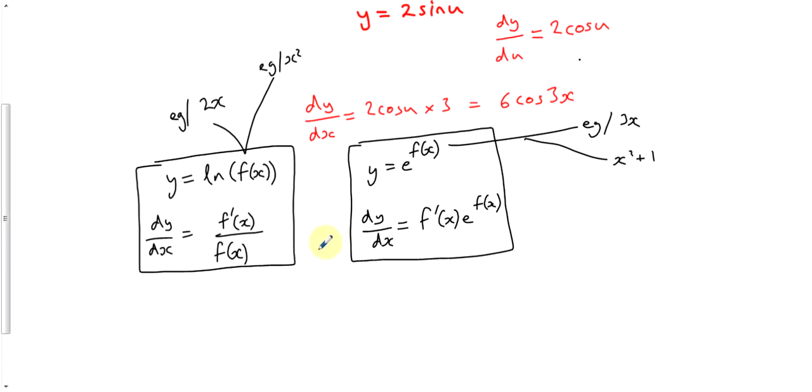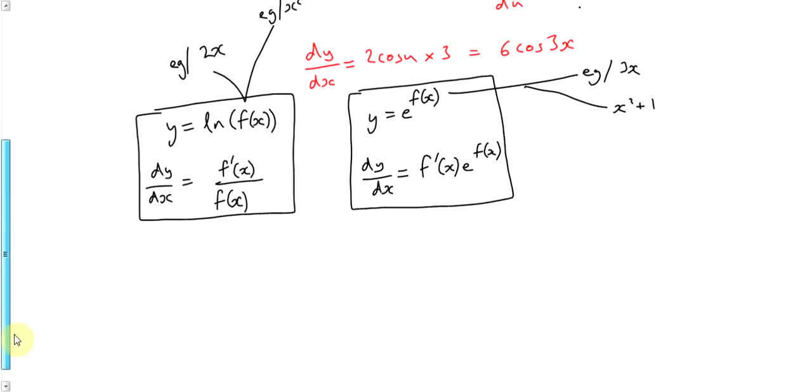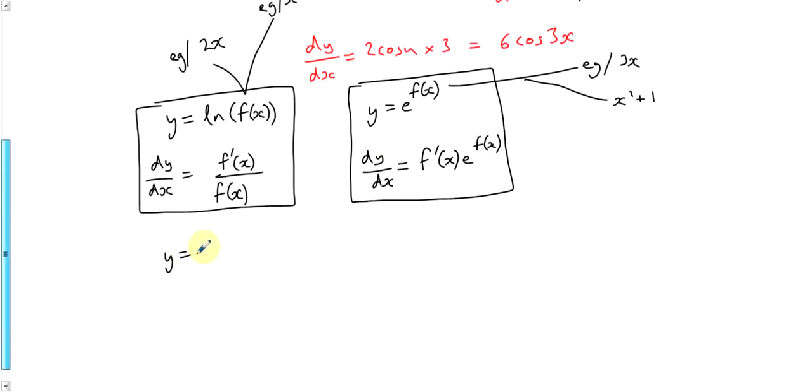And a similar thing is true for the sine and the cos functions. So if y is equal to sine of f of x, then dy by dx is equal to the differential of that times cos of f of x, and similarly for cos.